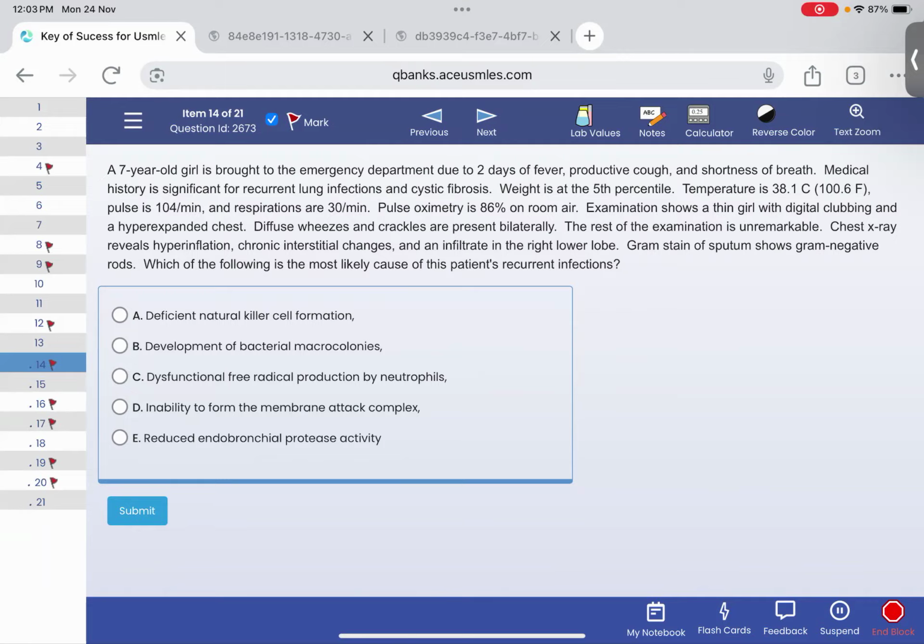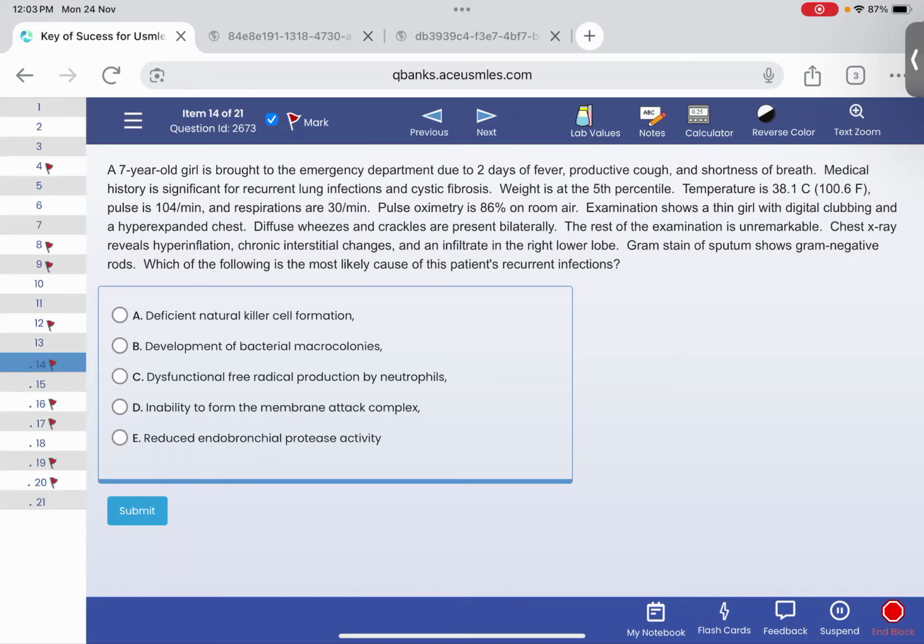Most likely cause of this patient's recurrent infections, so what do you think? Development of bacterial macrocolonies. That's the correct option.